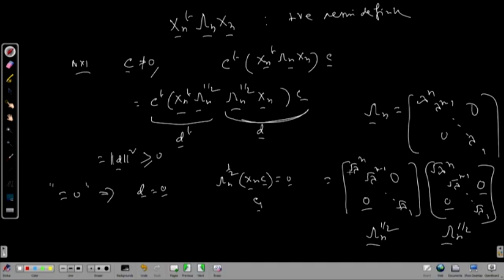So this matrix times C1 means square root lambda to the power n into the first element of C1, then square root lambda to the power n minus 1 into the second element of C1, and so on. If that is equal to 0, and since lambda is positive, square root lambda is positive, then every element of C1 has to be 0. That is, C1 must be a 0 vector.